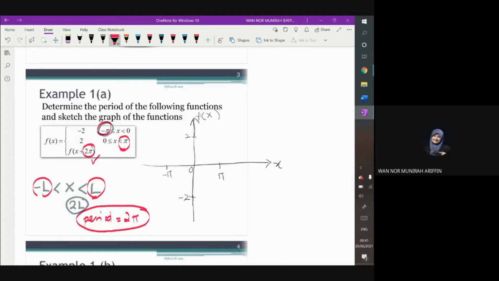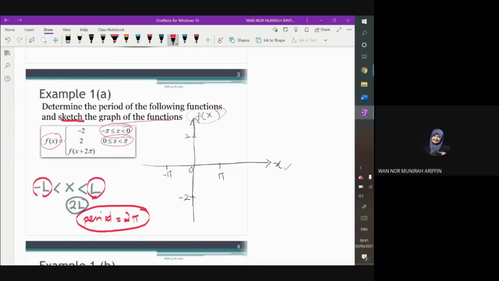Now the second question is to sketch the function. It does not say over what interval, it just says sketch the graph of the function. So f(x) is the y-axis and x is your x-axis.